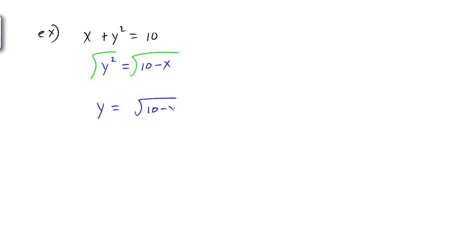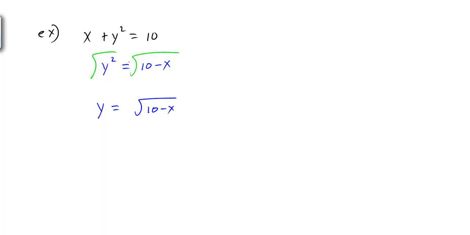So let's look at another example. What if we have x plus y squared equals 10? Are we going to have repeated x values? Once again, we solve for y: y squared equals 10 minus x. To get rid of the square, we have to take the square root of both sides, so y equals the square root of 10 minus x.